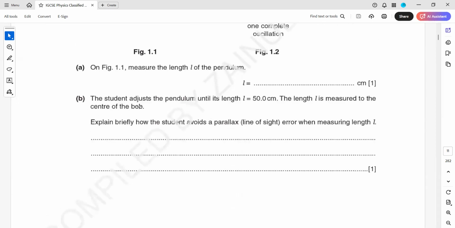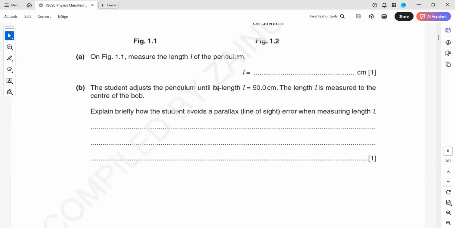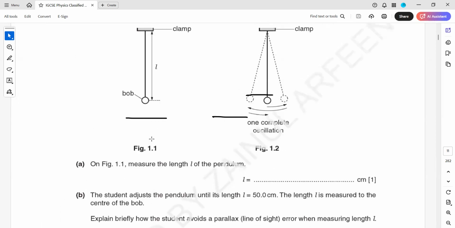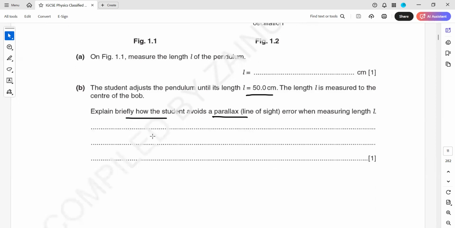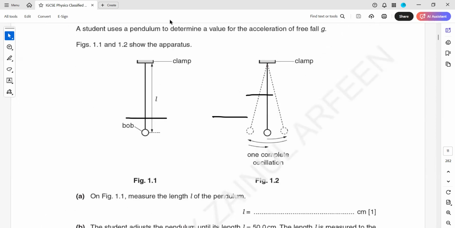The next: the student adjusted the pendulum length to 50 cm, and the length is measured to the center. Explain how the student can avoid a parallax error. Mention: look perpendicular. Place a ruler next, closer to the pendulum. Use a set square.